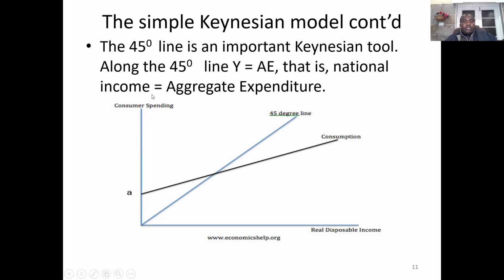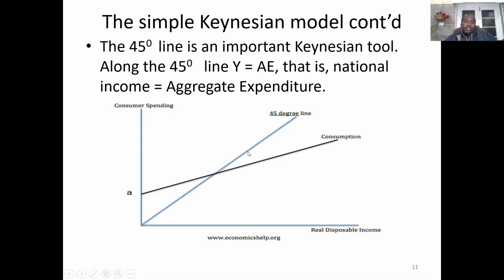Along the 45 degrees line, we've got consumer spending, which just stands for expenditure in this economy, and then we've got real disposable income, which stands for national income. Along the 45 degrees line, since it's a line of symmetry, a line which bisects the positive quadrant, Y, which is on the horizontal axis, equals AE, which is on the vertical axis, AE representing aggregate spending in the economy.